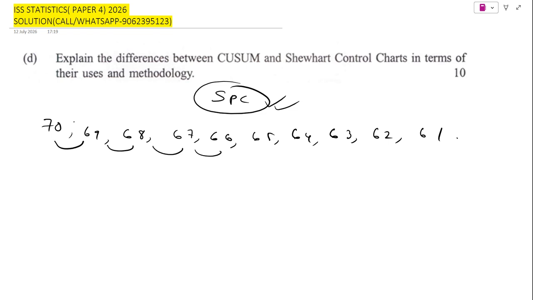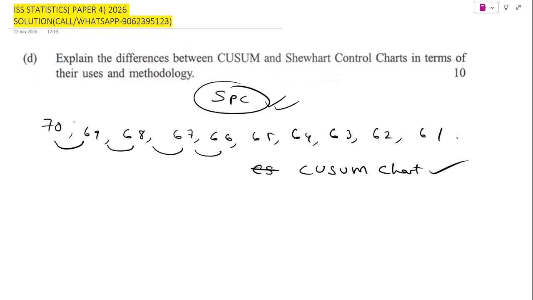Would your parents worry after the first test? Probably not. But after the 10th test? Definitely yes. So this is exactly the philosophy behind the CUSUM chart. Okay, it detects the small but persistent changes, whereas the Shewhart chart mainly reacts to the large sudden changes.